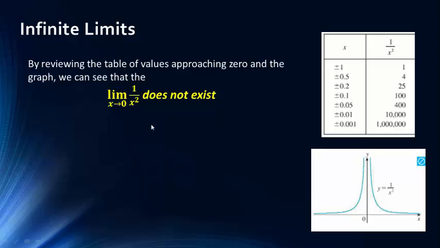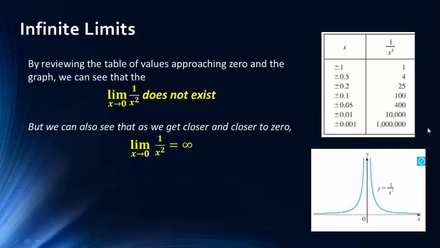We can see that if you look at the graph or at the table, the limit as x goes to 0 does not exist. Remember that a limit exists if it goes to a constant value. And because this is just constantly increasing, we say that the limit doesn't exist.